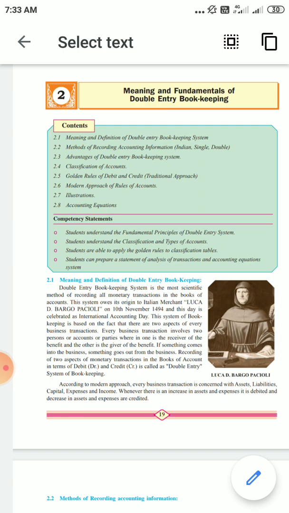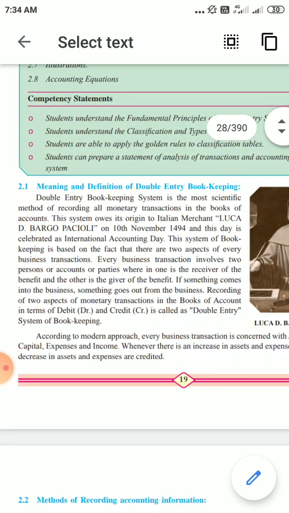Okay, so let me start with the first, that is meaning and definition of double entry bookkeeping. Okay, now this method is the most scientific method of recording all monetary transactions in the books of accounts. Where did this system come from? It originated from the Italian merchant Luca di Bargo Pacioli, on 10th November 1494.